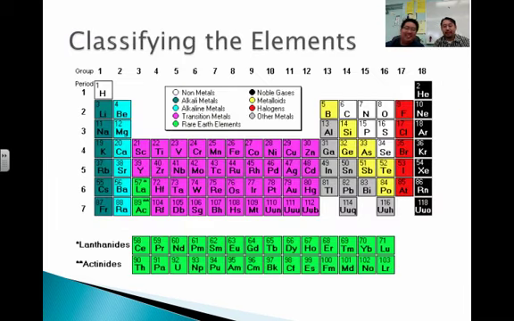Okay, so the elements can be classified, shown here, in different vertical columns or just different groups in general, and they have similar properties. So you've got your alkali metals here in your group 1. It's also sometimes called 1A, and then you've got your second group, 2A, and then you've also got 8A as well, and 9A.